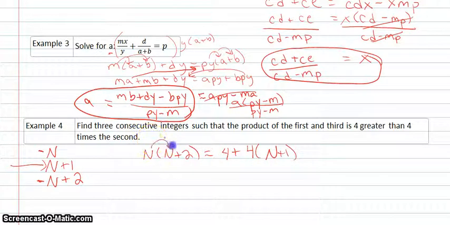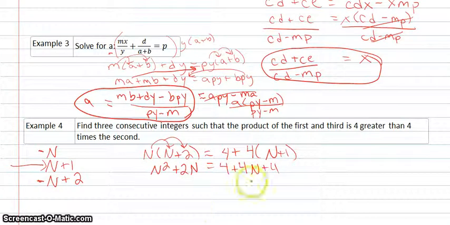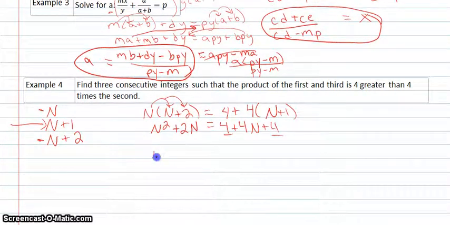So I'll distribute my n across, so I'll have n squared plus 2n equals 4 plus 4n plus 4. So I'll go ahead and get my like terms together on this side. So I'll have n squared plus 2n equals 4n plus 8.